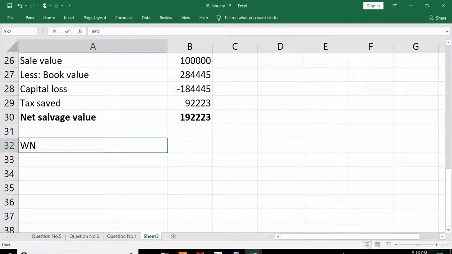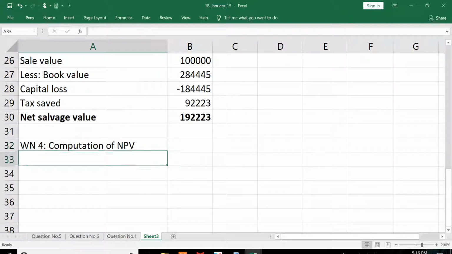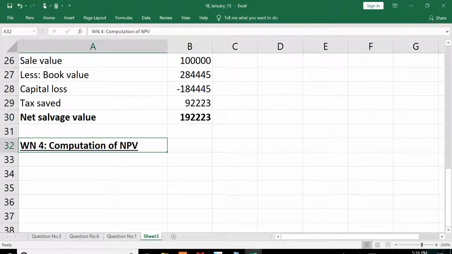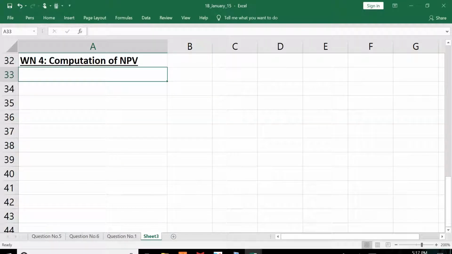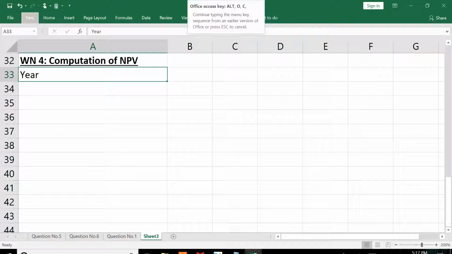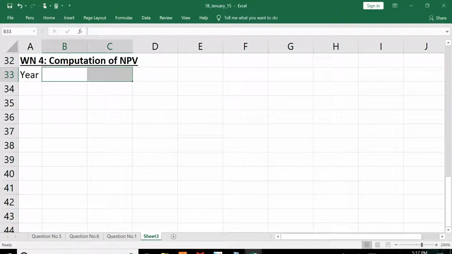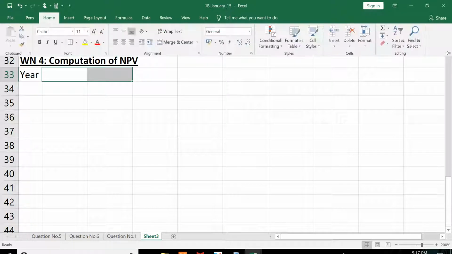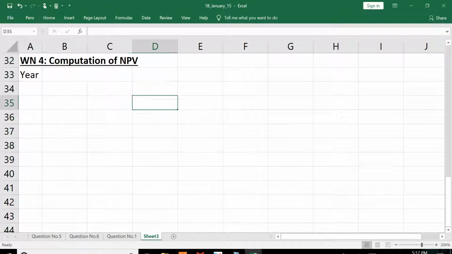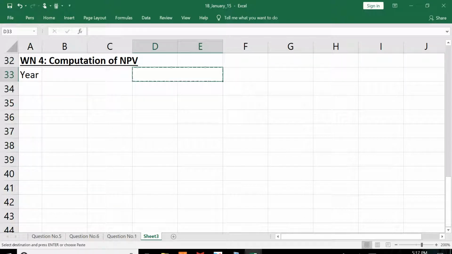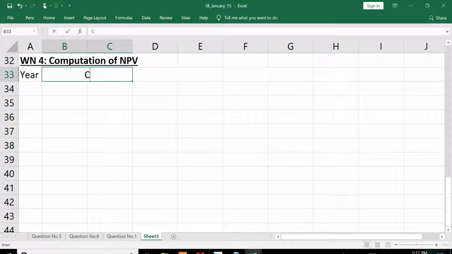Working note 4, computation of NPV. Listen for a minute. I will have something like this.